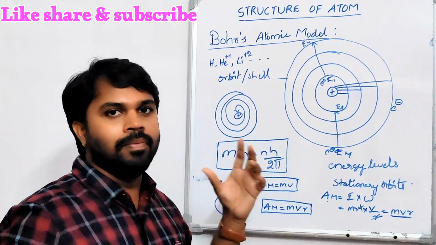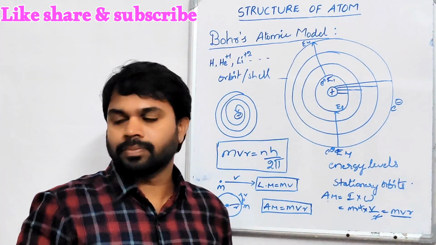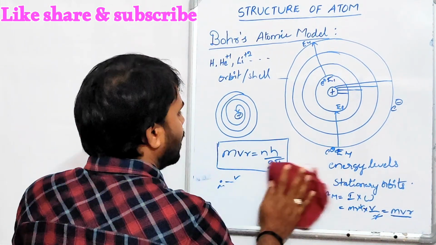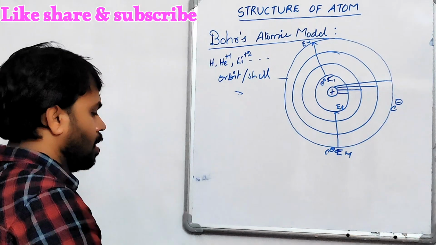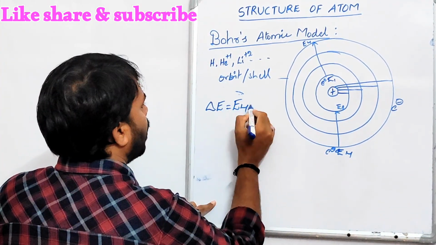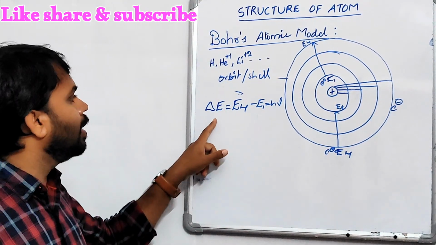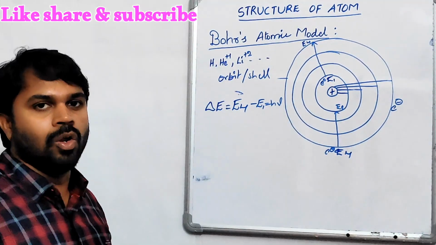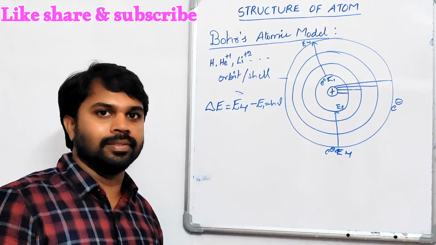The difference between absorbed and emitted energy equals this energy gap. That is represented as delta E is equal to E4 minus E1, which equals h nu. Here, delta E is the energy difference, E4 is the higher energy level, E1 is the lower energy level, and nu is the frequency of the absorbed or emitted radiation.